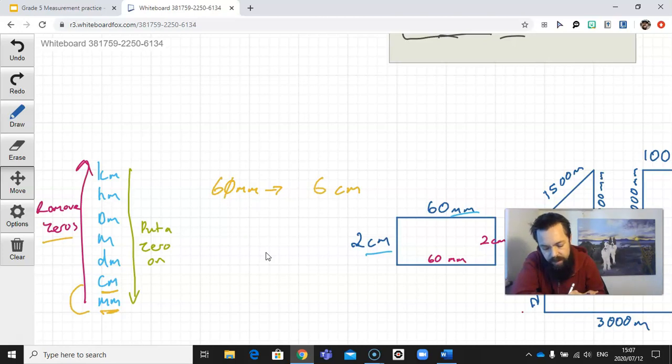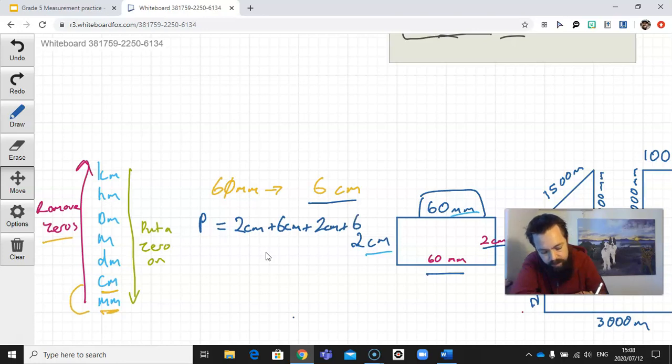Now that I've got them the same, I can do my workings out. I'm going to write the perimeter, or P, as a shortcut. Now I'm going to start with this one here. So 2 centimeters plus, I'm not going to write 60 over here because we've already found out that that's the same as 6, plus 6 centimeters plus 2 centimeters plus 6 centimeters.